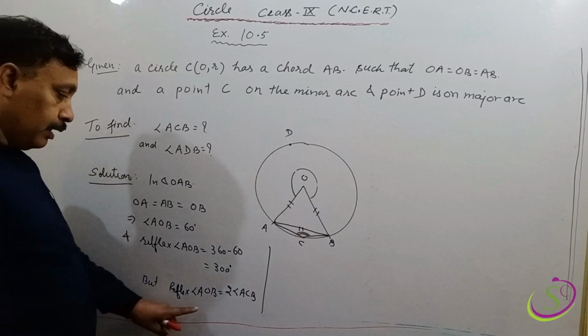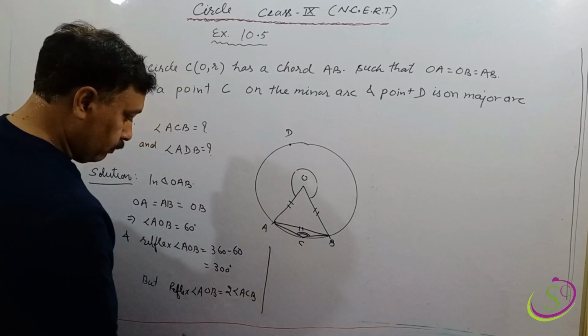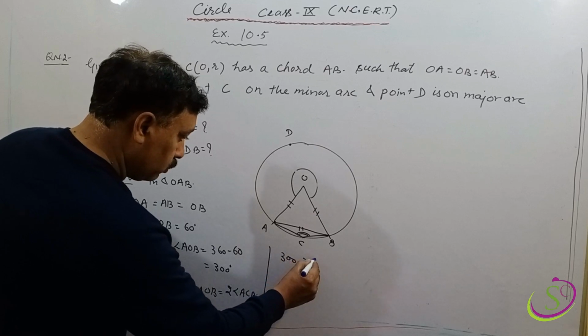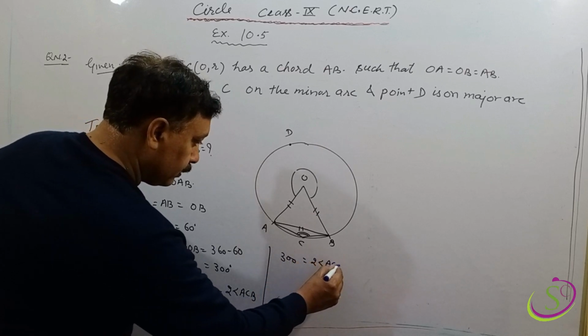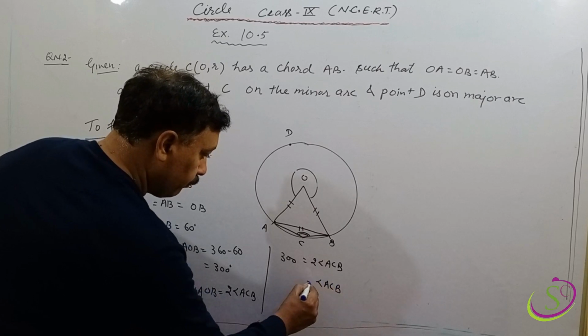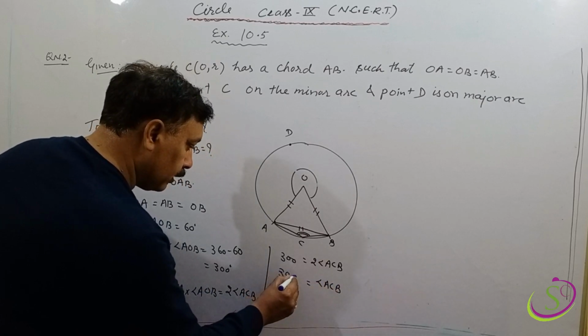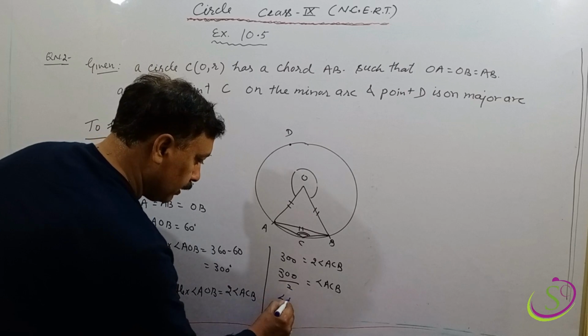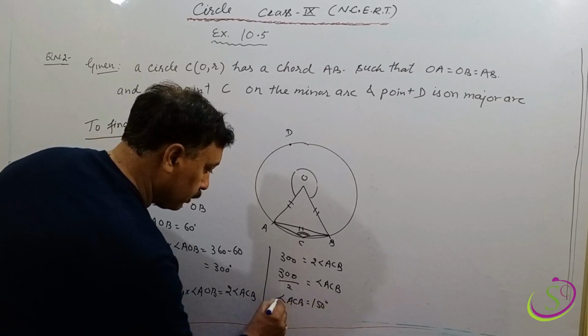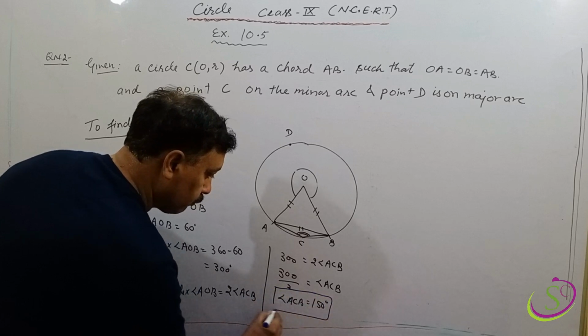Clear? And the reflex of AOB is 300, equal to twice of angle ACB. So angle ACB will equal 300 upon 2, that is angle ACB will equal 150 degrees. Is it clear?